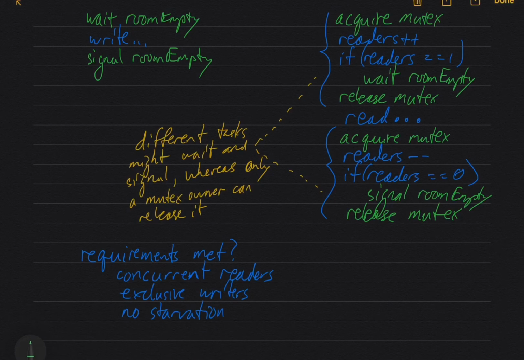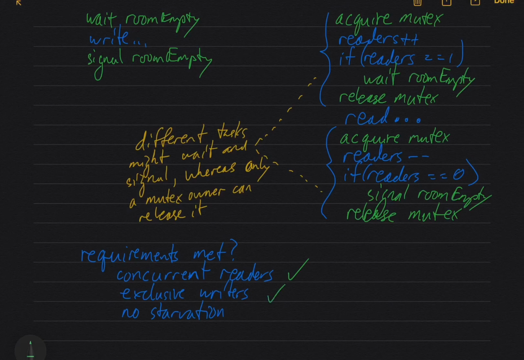So if you've been listening to me describe this, we are allowing multiple readers in the room at the same time. And if you look at this, you can see that room empty will only be 1 once the last reader has left the room when it's empty. So if a writer waits on room empty and decrements it down to 0, it can be sure that it is the only task accessing the data.